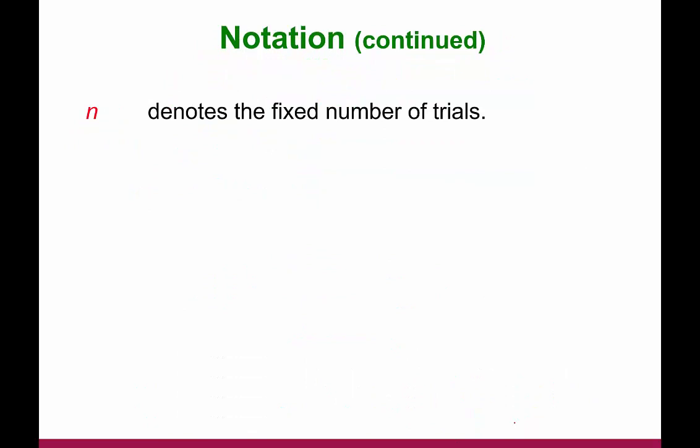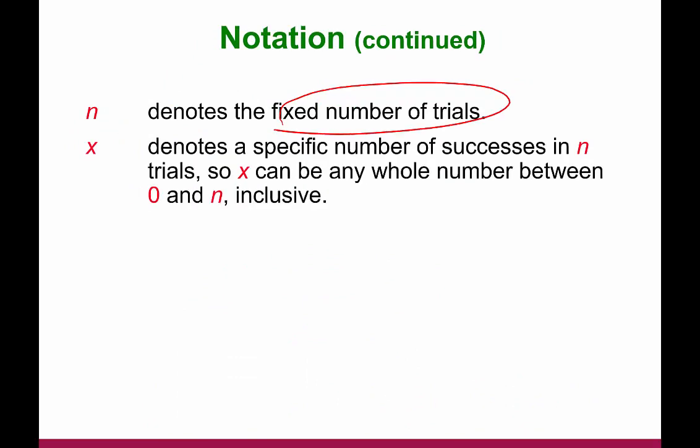Alright, let's take a look at more notation. n represents the fixed number of trials. x represents the number of successes. Let's say you flip a coin 10 times and you want to get 5 heads. Here 5 heads is what we call the number of successes in 10 trials.